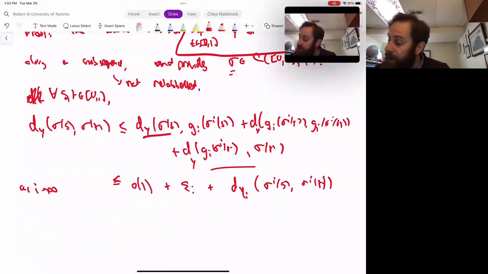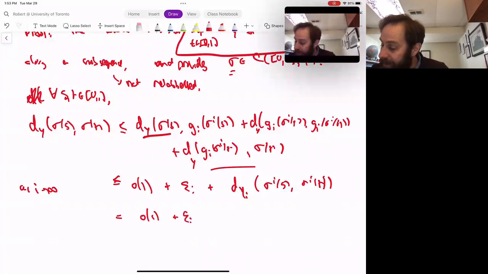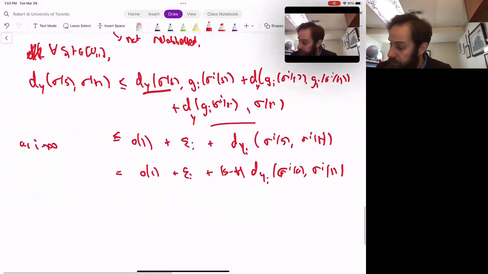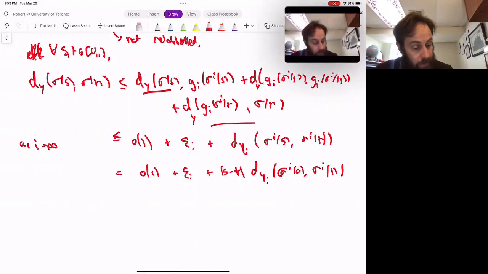And now the sigma I's were geodesics in YI's. So that's something that's little o of 1, let's keep the epsilon I, plus s minus t times the distance in YI of sigma I0, sigma I1.